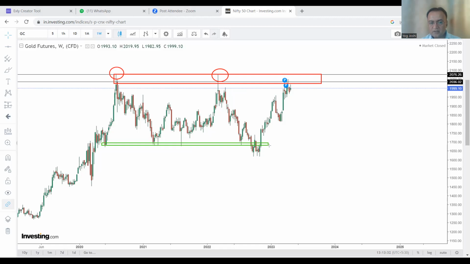And once again gold bounced back. So with the historical data, this is the first point. Gold bounced back the first time, second time, third time, fourth time, and this is exactly a demand zone.